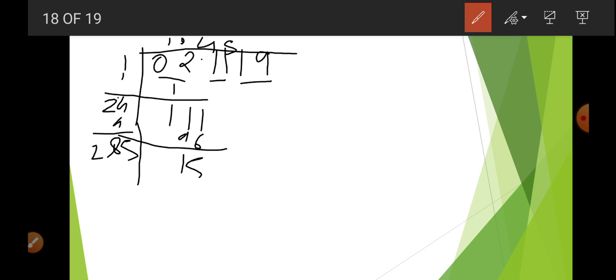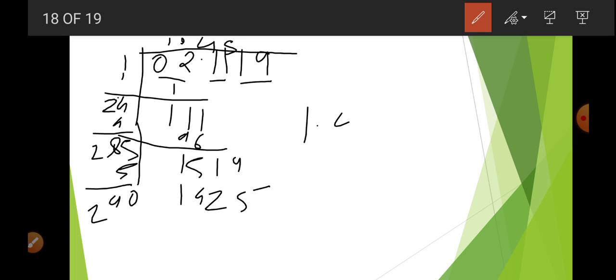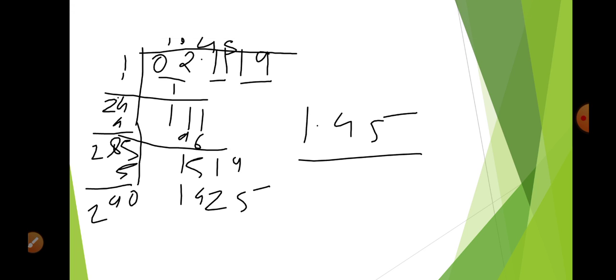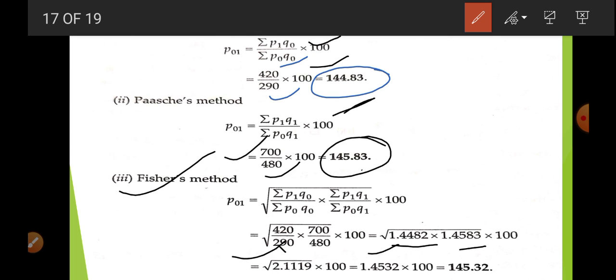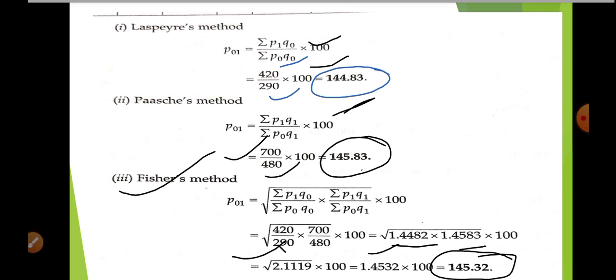Now 5, 5 5 5, 10 9 2, and we do this. So we get 1425. This way 1.45 is the root of this, and we can go further like that. So this way 145.32 is the Fisher's index number. All the three you can see, they give different answers.